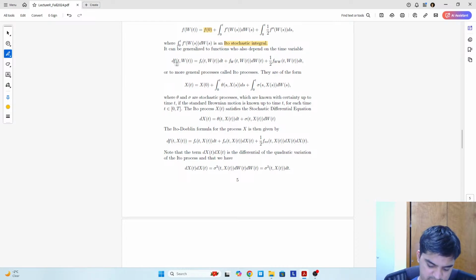Basically you have to take partial derivatives with respect to both of the variables it is dependent on.